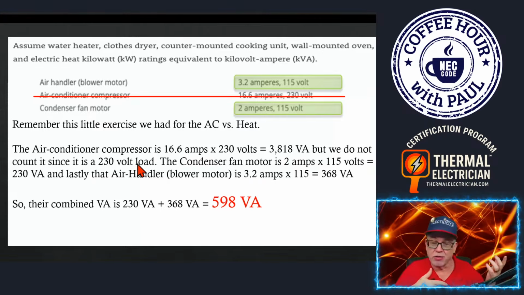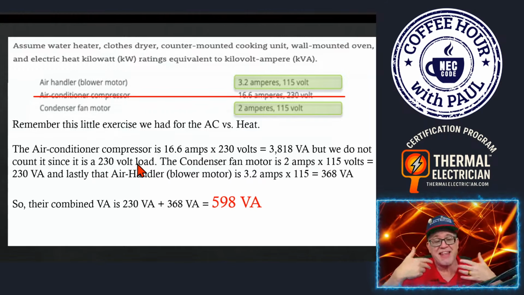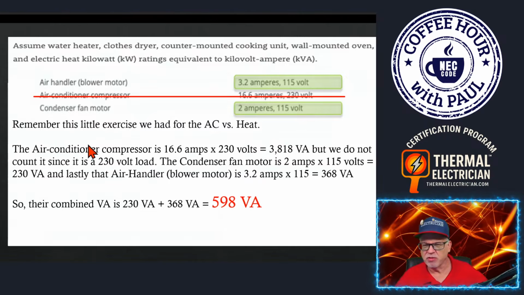When the air handler runs, the outdoor AC unit's running, we're not taking the compressor, but the air handler will be running. That condenser fan is, in this case, a 115, so it'll be running. So it has a neutral contribution. So we have to add that to our neutral load. We don't use the air conditioning compressor, right? But we do take that condensing fan, which is 2 amps times 115.